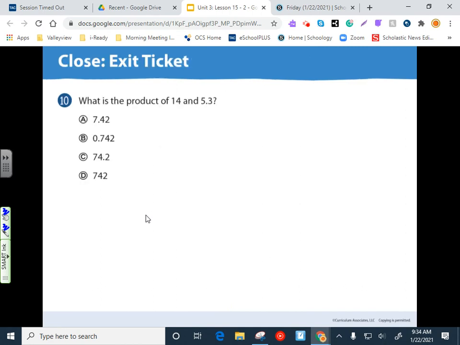And last one. What's the product of 14 and 5.3? I want to illustrate this because this factor is in tenths. That means I don't even have to calculate this to find the answer, because this answer is in hundredths, so it's not that.